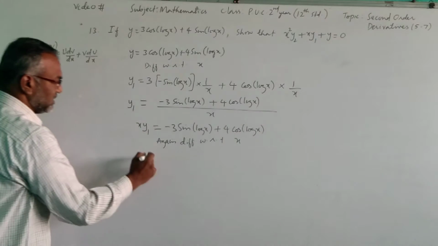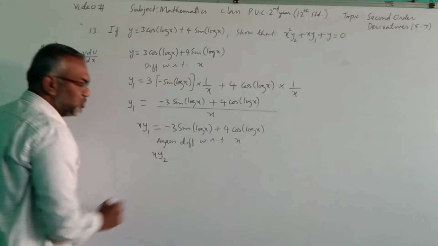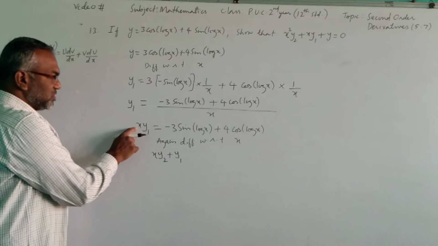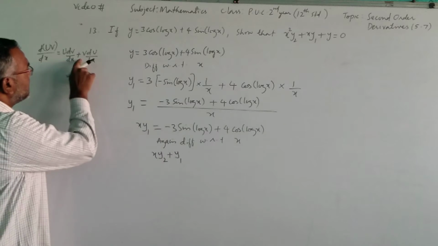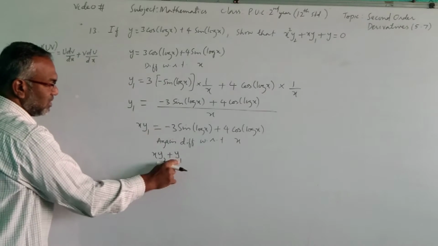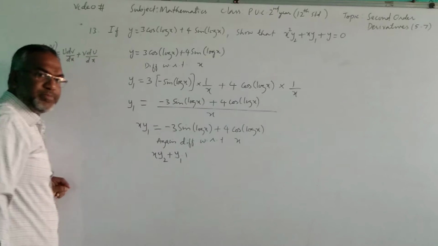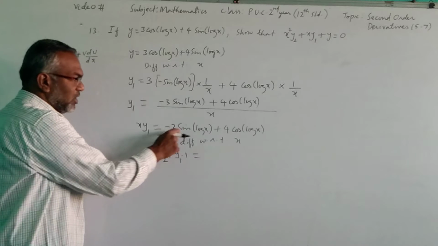First function as it is, x as it is. Differentiation of y1 will be y2, plus second function y1 as it is. Differentiation of first function. Differentiation of x is 1, is equal to, this derivative is over. Now differentiate this.